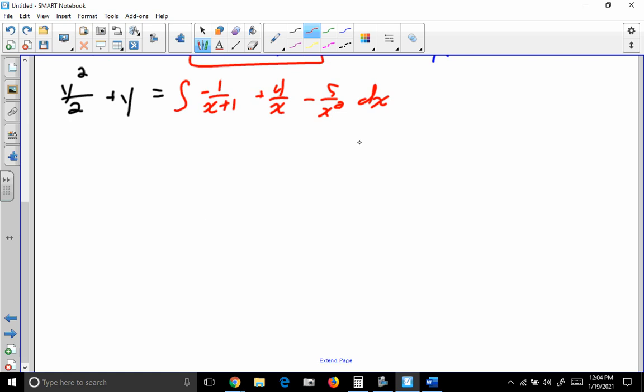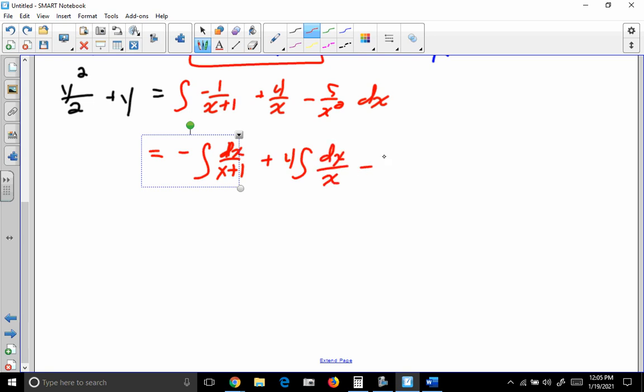Since we have three different fractions, we can integrate those separately. We could call this minus the integral of 1 over x plus 1 dx, plus 4 times the integral, just pulling that 4 out front, of 1 over x, or we could call that dx over x.